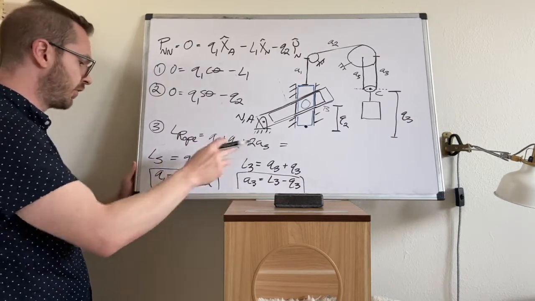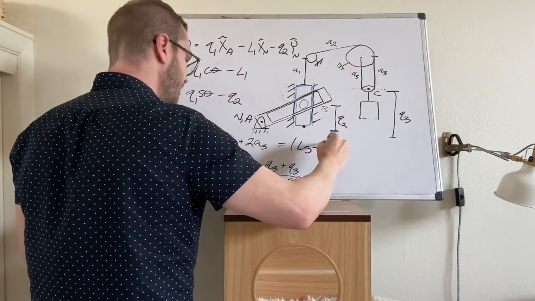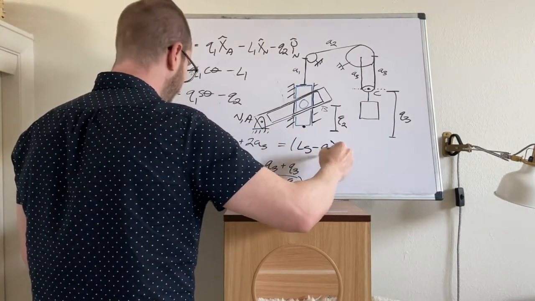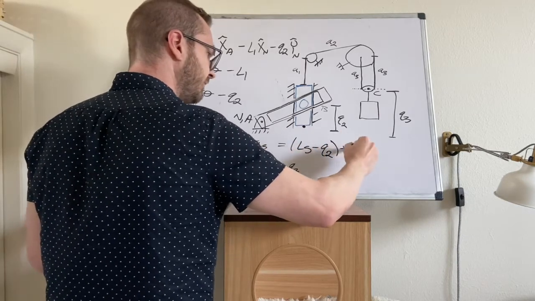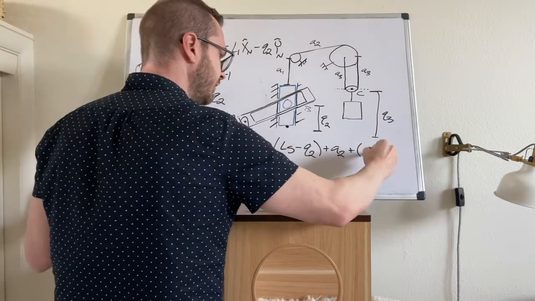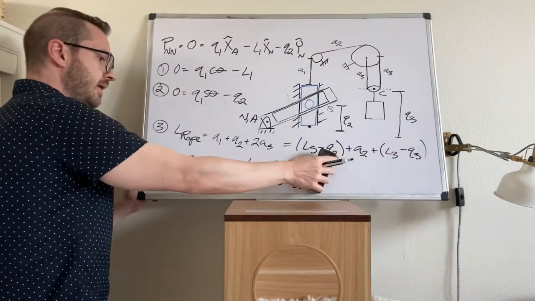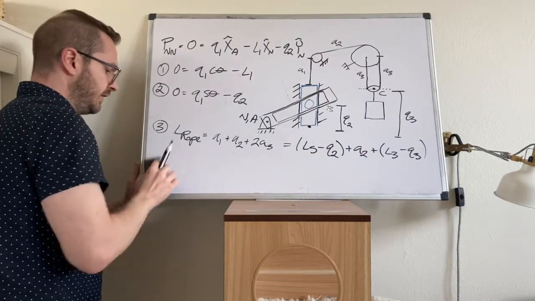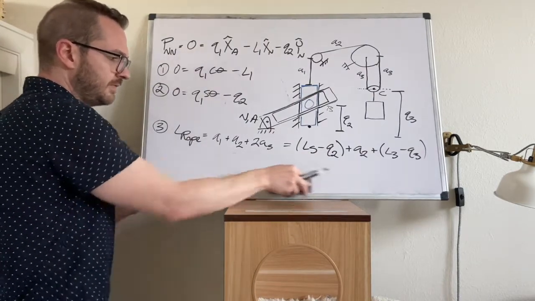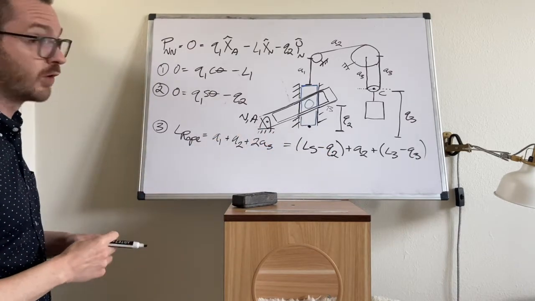So the length of the rope now is equal to L5 minus Q2 plus A2 plus L3 minus Q3. Okay, and then we can erase this, and there now is our rope constraint.